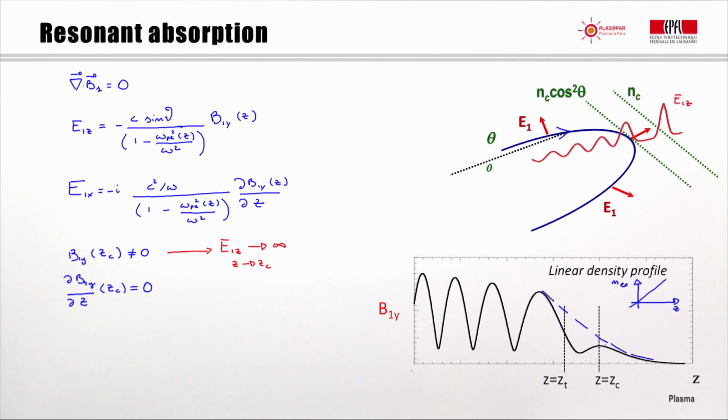In reality, the Z component of the electric field will not diverge. In fact, some mechanism on much shorter spatial scales will become important and lead to dissipation of the wave. By this mechanism, the electromagnetic wave is converted to an electrostatic mode and is absorbed.